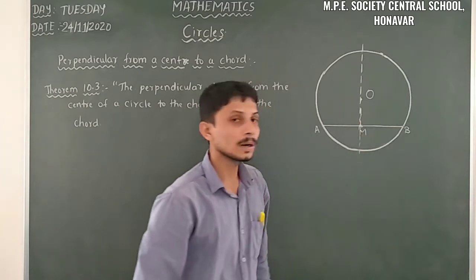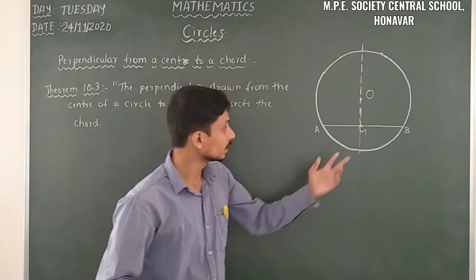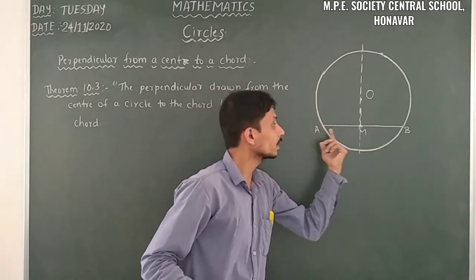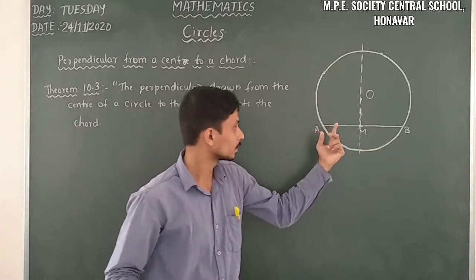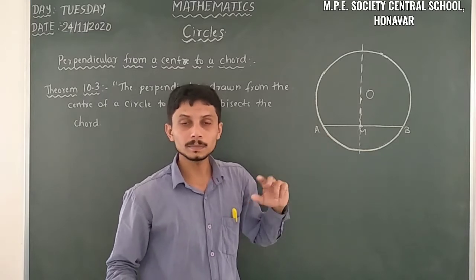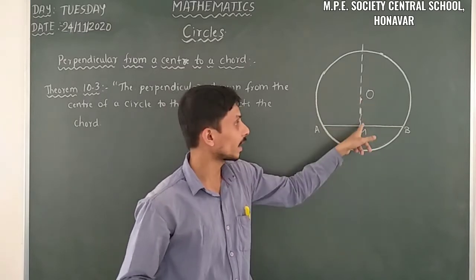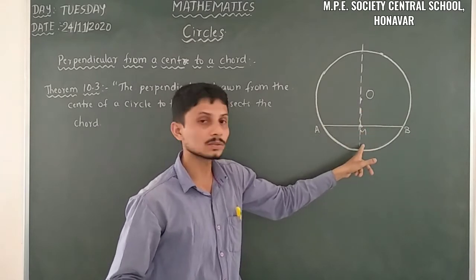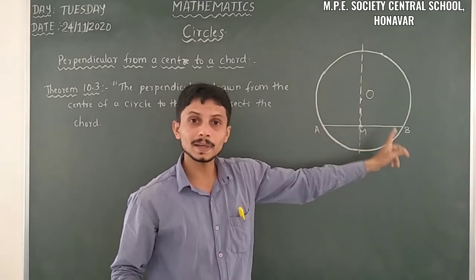It passes through the point M such that this part MB completely overlaps on AM. So the line passes through the center and is also perpendicular to the chord AB.